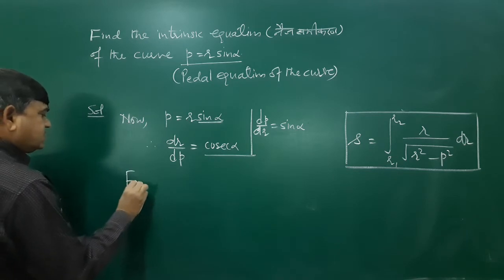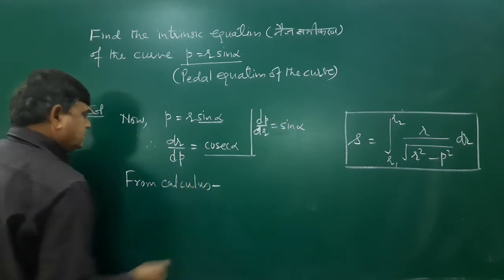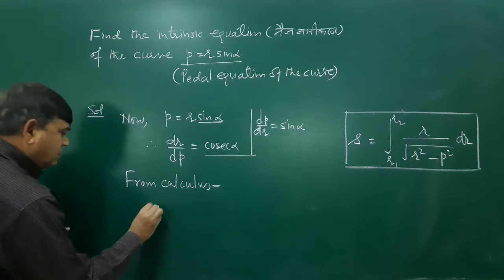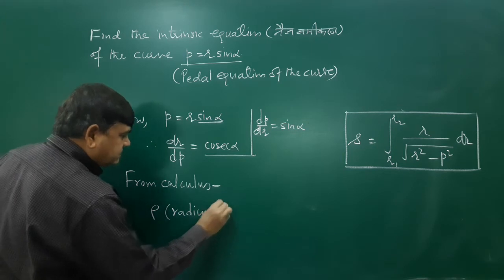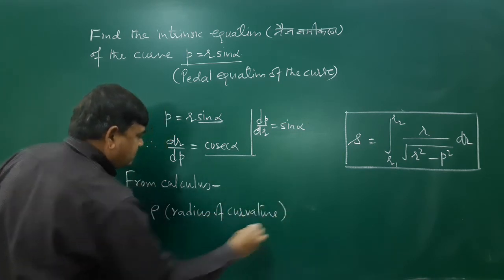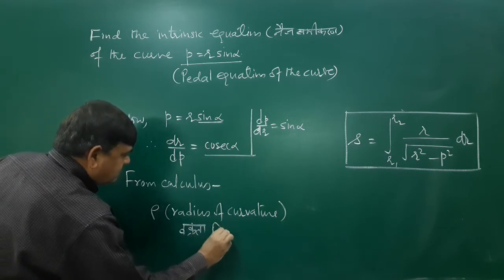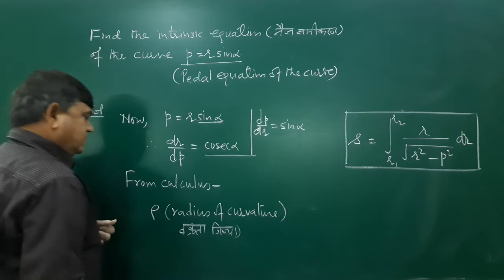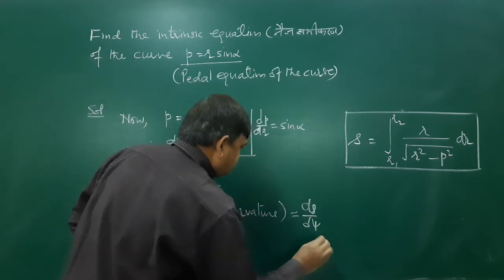From calculus, rho, that is the radius of curvature, is ds by d psi.